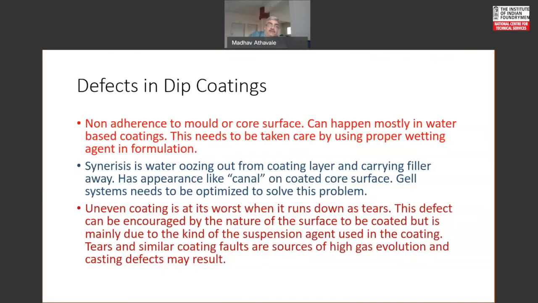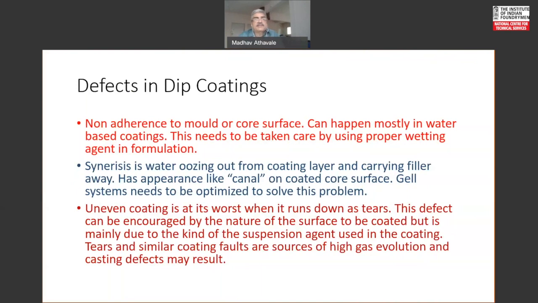One defect in the coatings can be, depending on the formulation and type of the mold and core surface, non-adherence of the coating to the mold and core surface. It can happen mostly in water-based coatings, and this needs to be taken care of by use of proper level of wetting agents in the formulation.